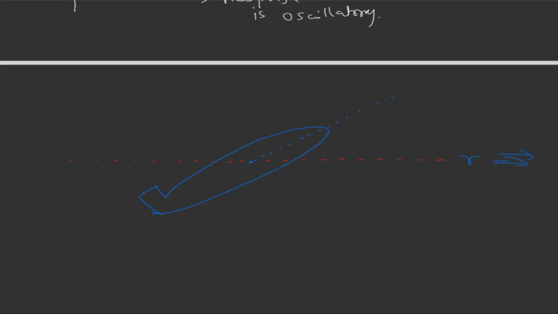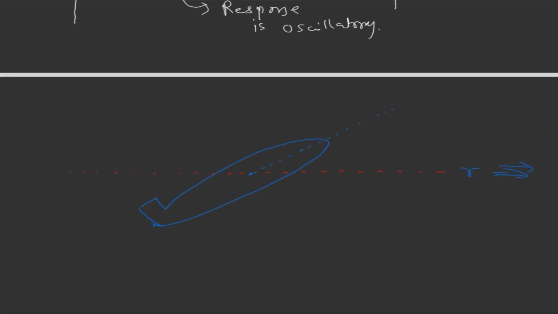But here, about this line, the aircraft will oscillate. Suppose this is my spring, and the spring constant is Kp, and this is the error. This is the actual value of y of t.